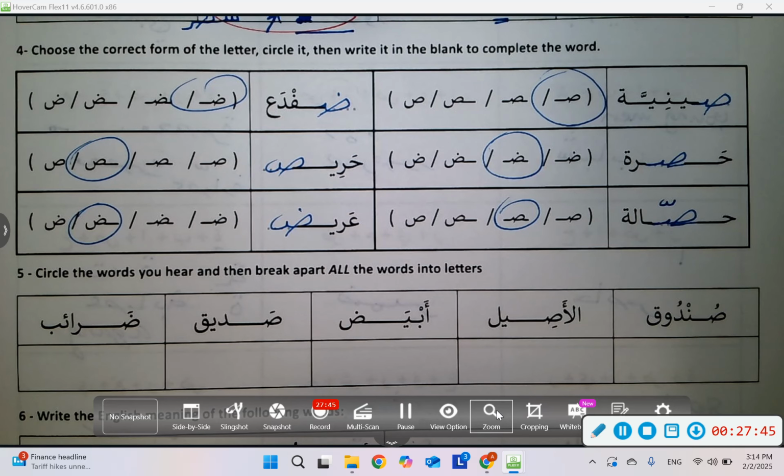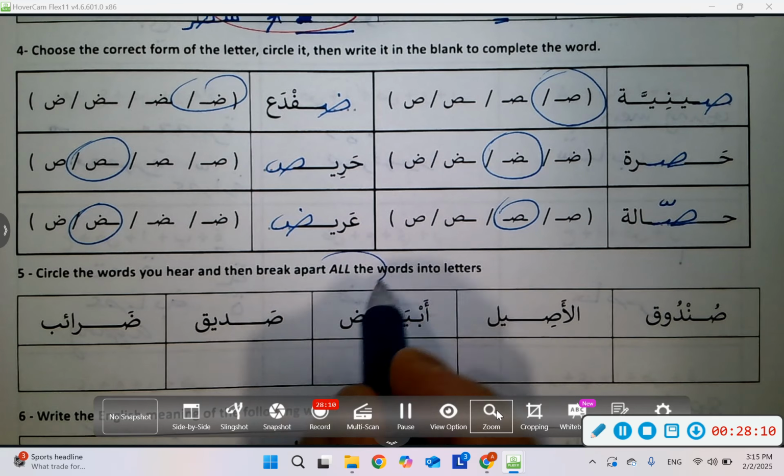Question number 5. Circle the words you hear and then break apart all the words into letters. So we're going to circle 2 words, but we're going to break apart all the words. Remember that. Do not just break apart the words that you circle. You should break apart all the words.